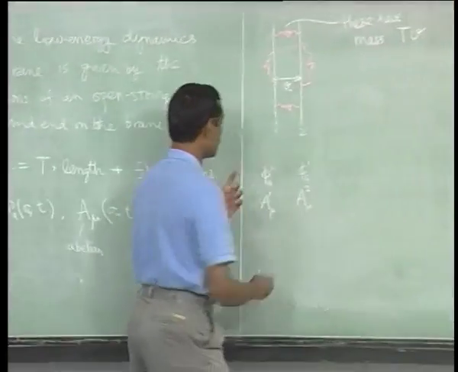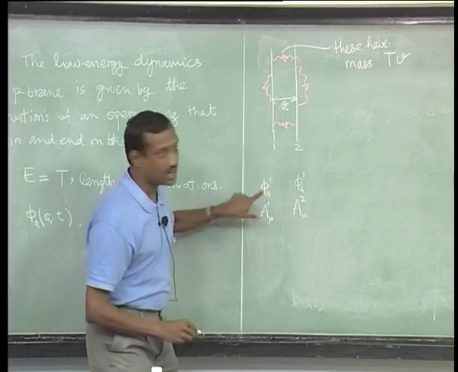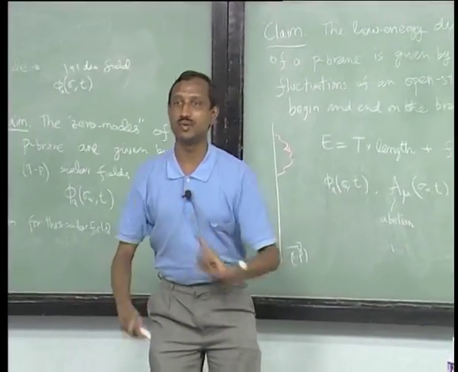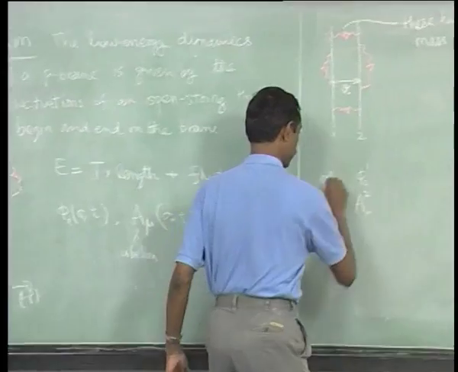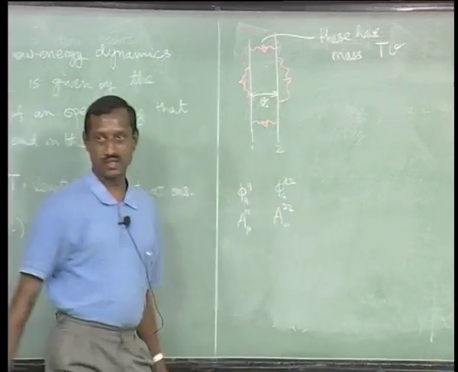So, let me remind myself that this is something coming from a string which is starting at 1 and ending at 1. So, let us keep track of both. This is 2 to 2, 1 to 1, 2 to 2.